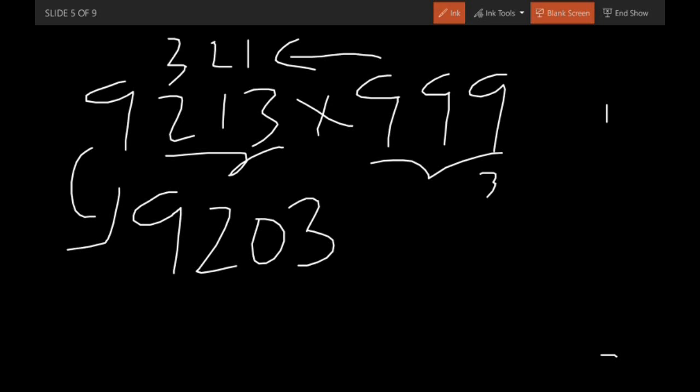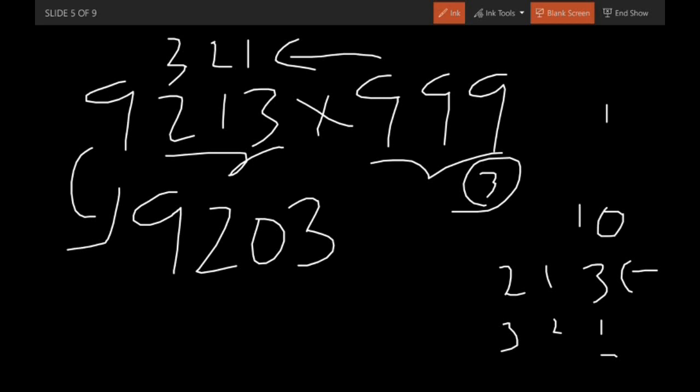We are going to take only 3 numbers, that is 2 1 3, because we have only 3 digits here. What I have said is the first number should always be subtracted by 10, and the remaining numbers should be subtracted by 9.